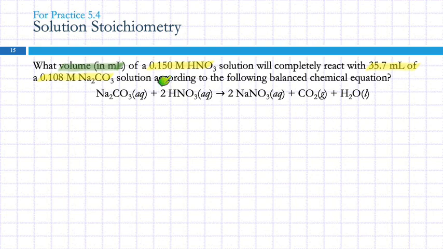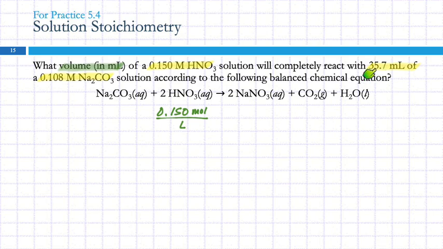So this is the concentration of nitric acid. So here's nitric acid in the equation. So I'm going to write its molarity in there. 0.150 moles per liter. A capital M is way easier to type in the computer, but you're writing with your hand, write moles over liters.